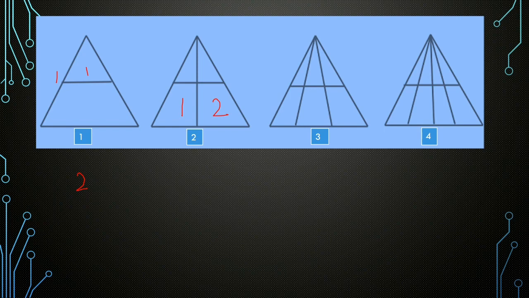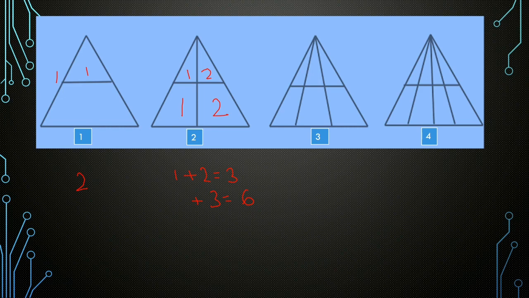If you consider the bigger triangle and mark digits, you find 1 plus 2 is equal to 3 for this bigger triangle. Similarly, if you consider this small triangle and use the same method, once again 3 more triangles are there. And if you add these two numbers, your result will be 6.